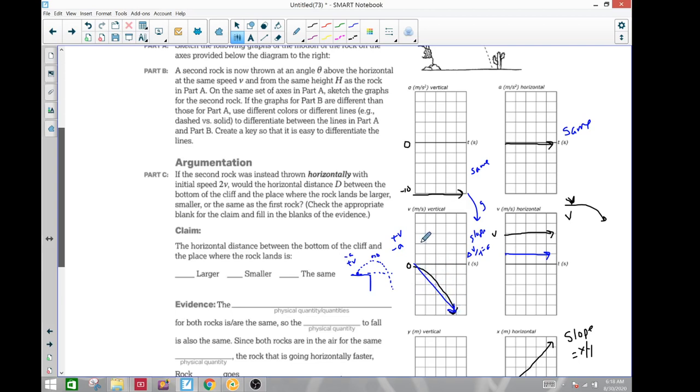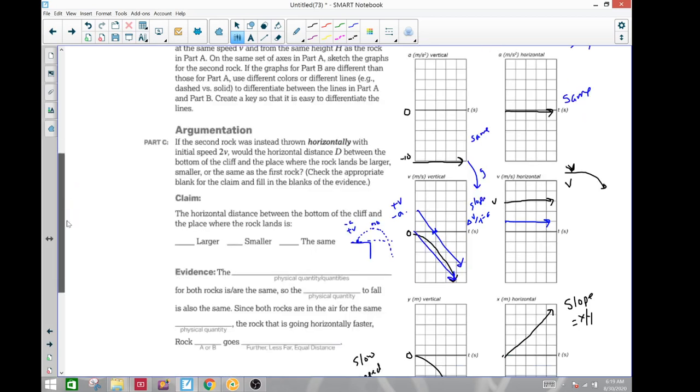Now this one starts out a little faster and just goes like this. It starts out with a maximum velocity, which is going to be positive, the upward component of this triangle, vy. This is where it reaches its maximum height right here, and then it starts going negative and gets faster and faster negative. Great.